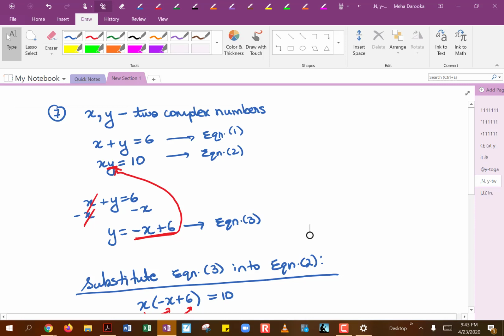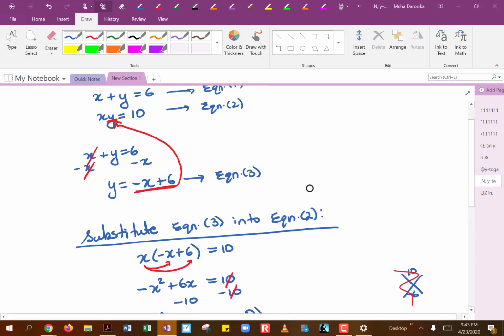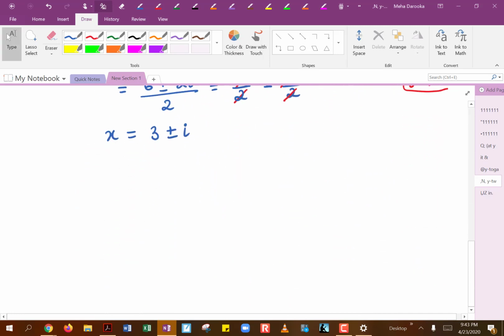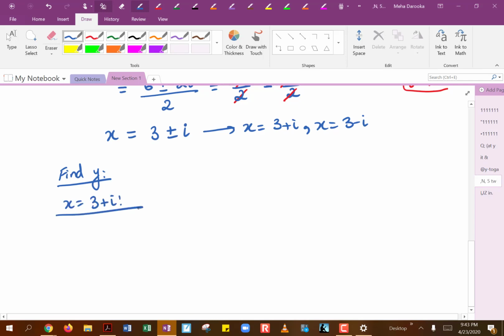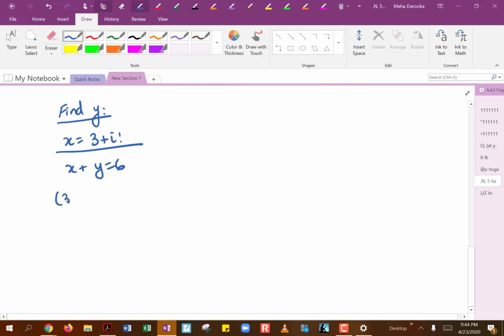So both of these, now if you wanted to, use them to find your y value, you can do that. So let's say we want to find y. Of course, we have x as 3 plus i and x as 3 minus i, right? So let's start by x being 3 plus i, and what do we get? So I'm just using my first equation to simplify for this. So if x is 3 plus i plus y equals 6, let's go ahead and subtract this whole thing.